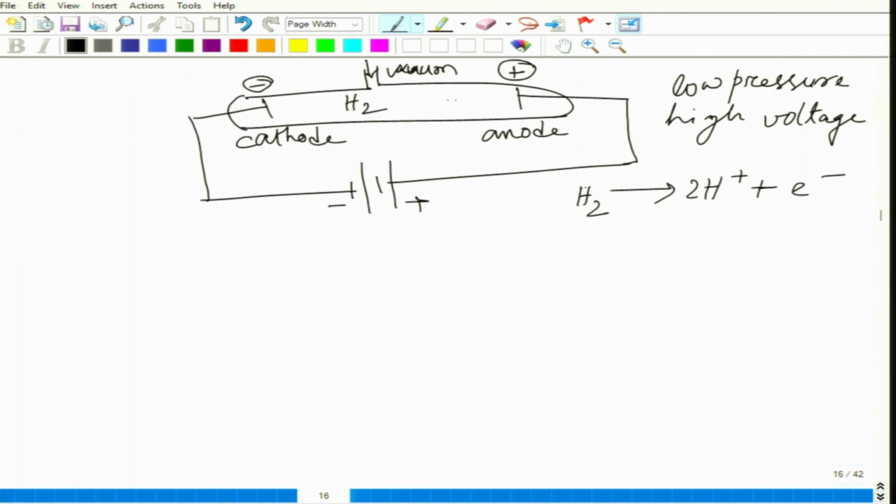They saw that some negatively charged particles were released which moved towards the positive electrode, and the glass wall behind this electrode was coated with a fluorescent substance, that is zinc sulfide, and when the negatively charged particles hit the zinc sulfide wall, fluorescence was observed.